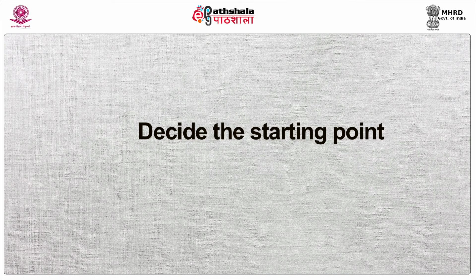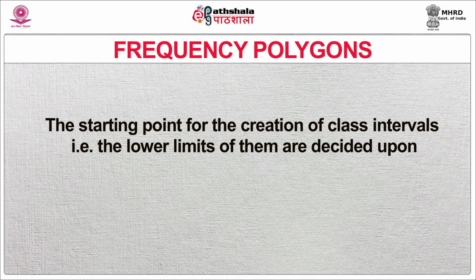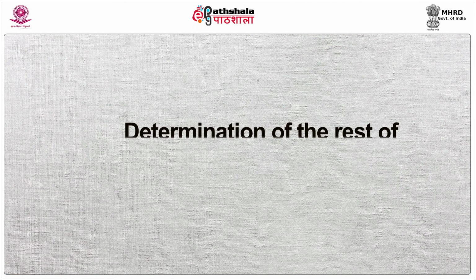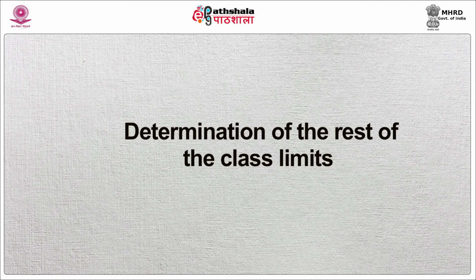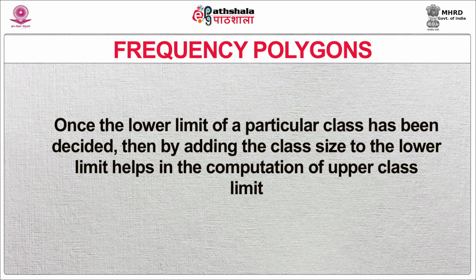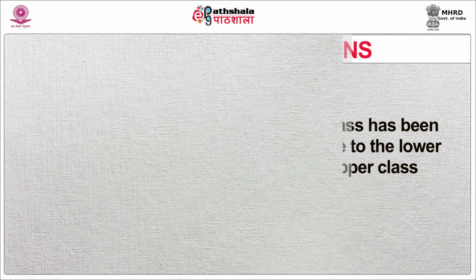Then decide the starting point. The starting point for the creation of class intervals, that is the lower limits of them, is decided upon. For example, 0, 5, 10, 15 and 20 etc. are commonly used. Next is determination of the rest of the class limits. Once the lower limit of a particular class has been decided, adding the class size to the lower limit helps in computing the upper class limit.